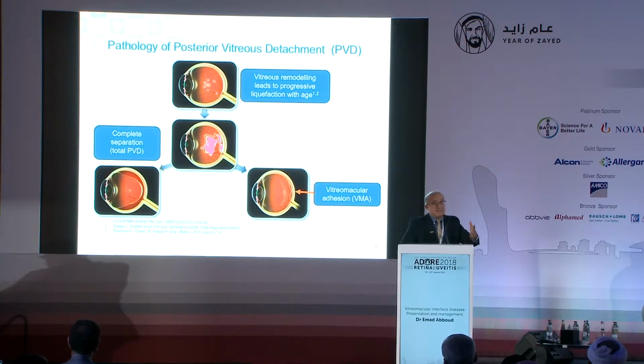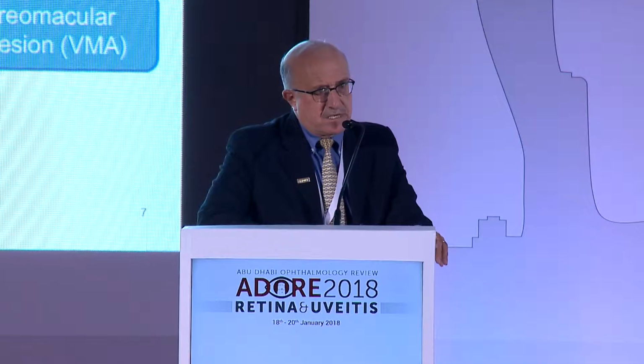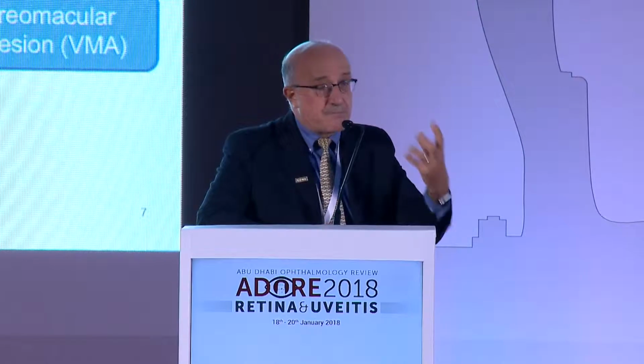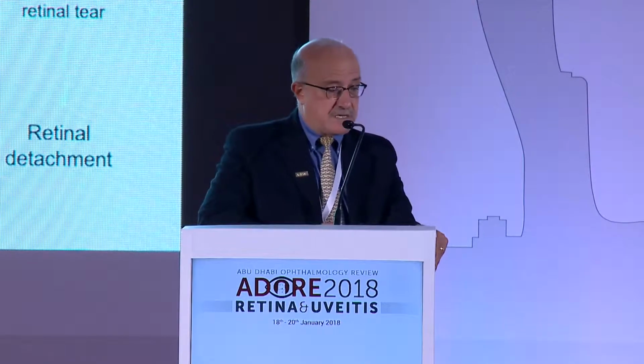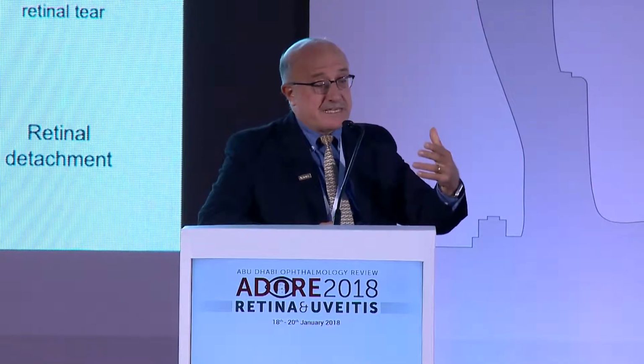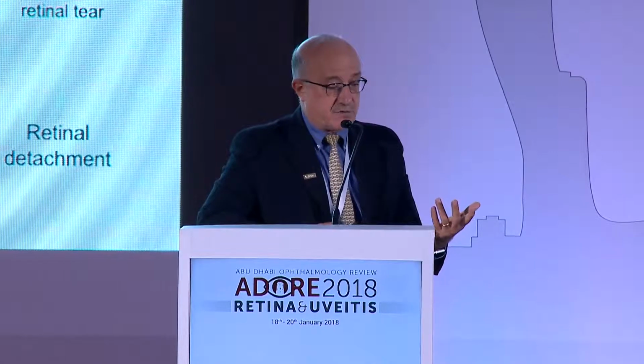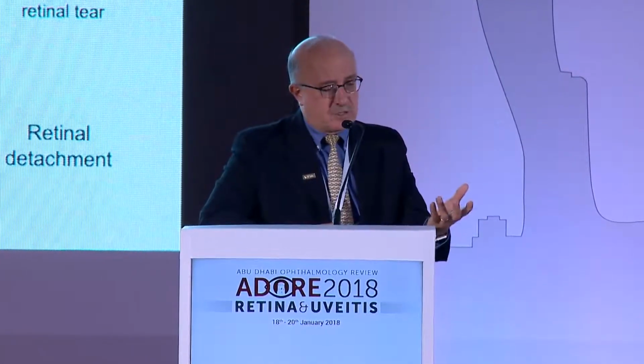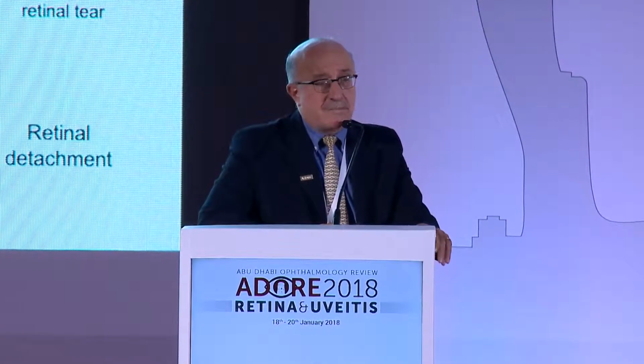And it is really when there is an anomalous separation that problems start happening, or complications, and not only at the level of the macula, as we will see from the slides. The problem of vitreoretinal interface, if it is abnormal, gives rise to many problems.